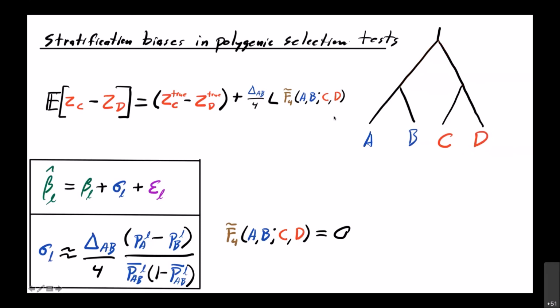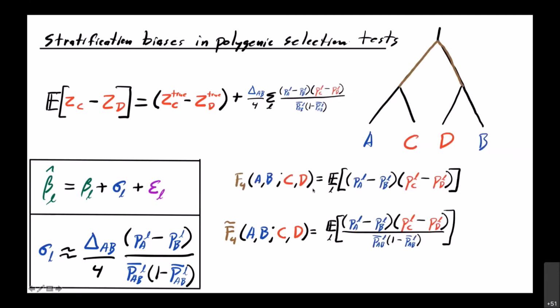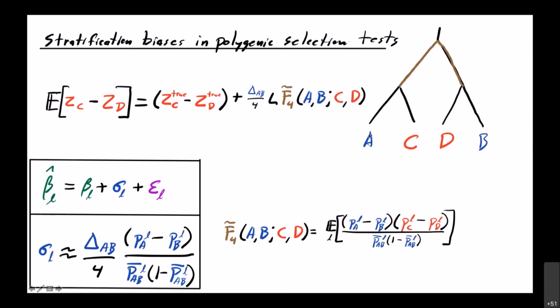in our GWAS. On the other hand, if we have a configuration like this, where our GWAS individuals are coming from A and B, which are on this side of the split, and the polygenic adaptation test is being done among populations C and D, which are on this other side of the split, then this modified F4 statistic is 0. If we go back and look at the differences in frequency, suppose this was AB and this is CD, and suppose I had the tree that I showed you a few slides ago up here, then the differences in frequency between A and B would have nothing to do with the differences in frequency between C and D under genetic drift.